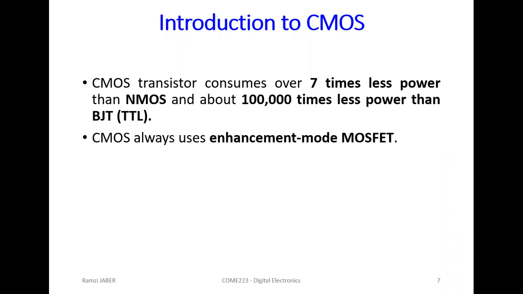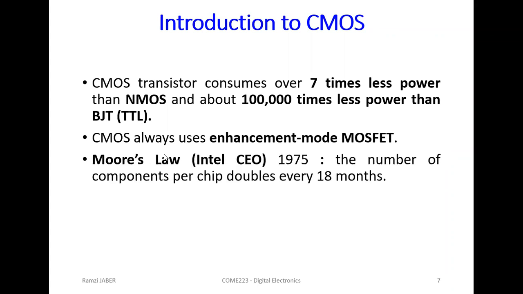By the way, CMOS always uses the enhancement mode of MOSFET, because CMOS is usually used in digital electronics more than analog electronics.